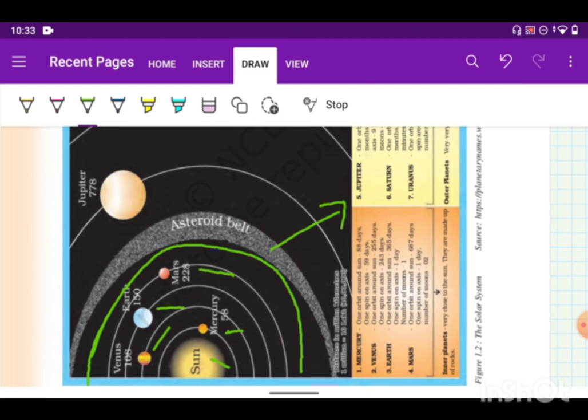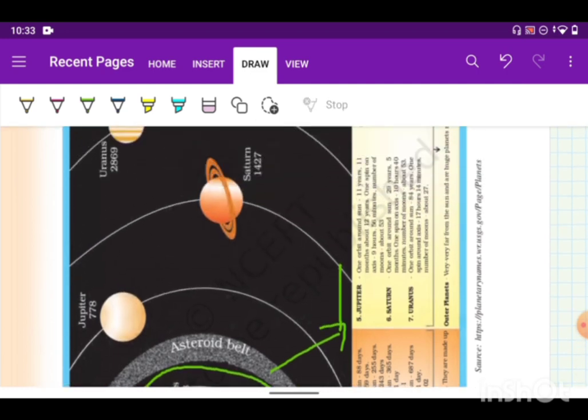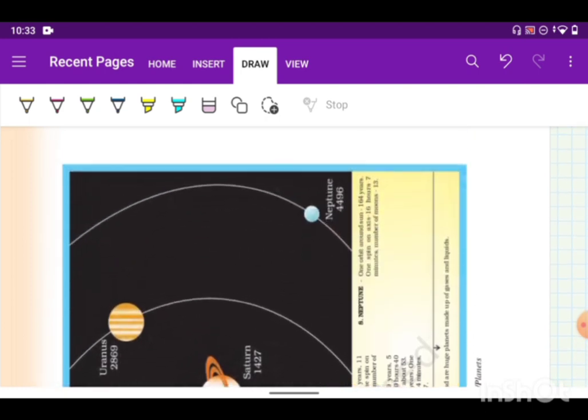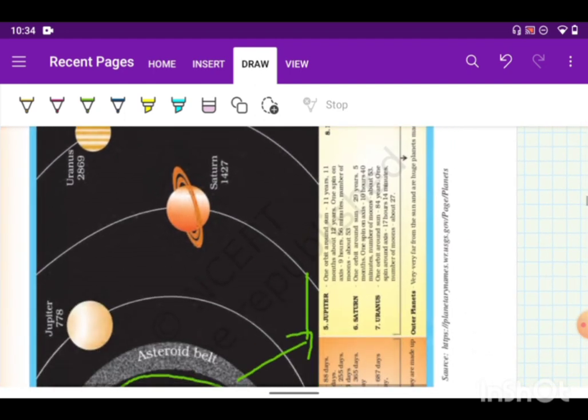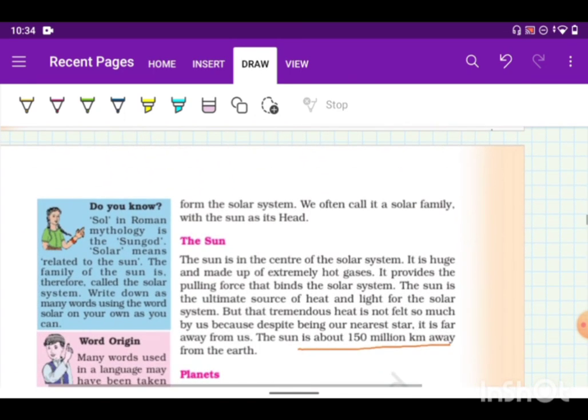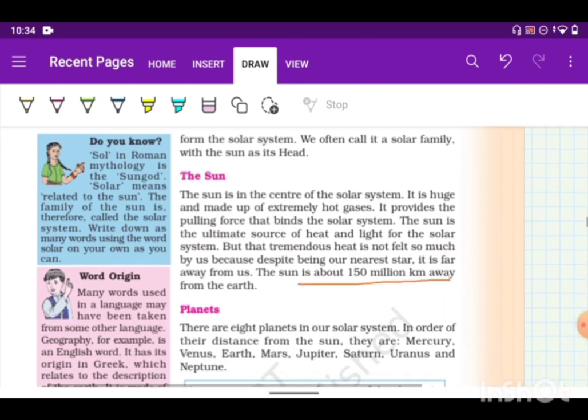After the asteroid belt, there are the gaseous planets: Jupiter, Saturn, Uranus, Neptune. Neptune is the icy planet. Okay, Neptune is what? Icy planet. There is an acronym to remember all of these planets. Let's see that in the coming slides.